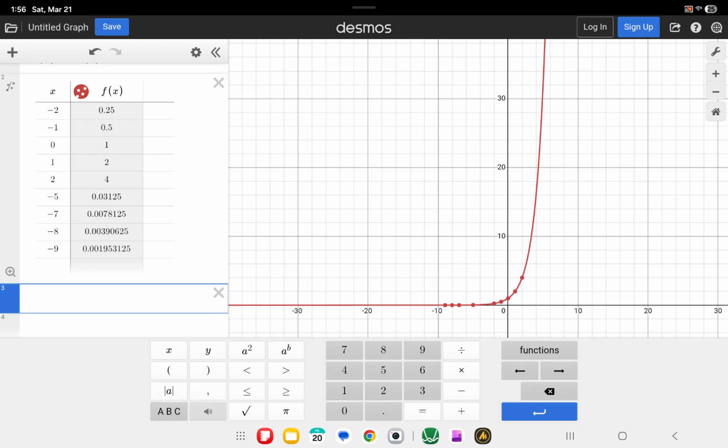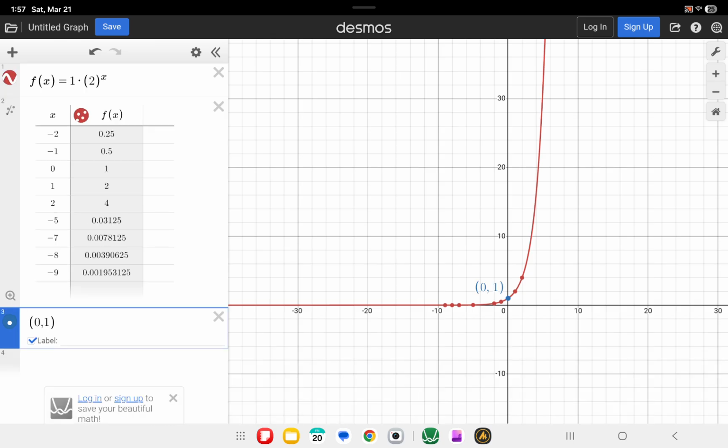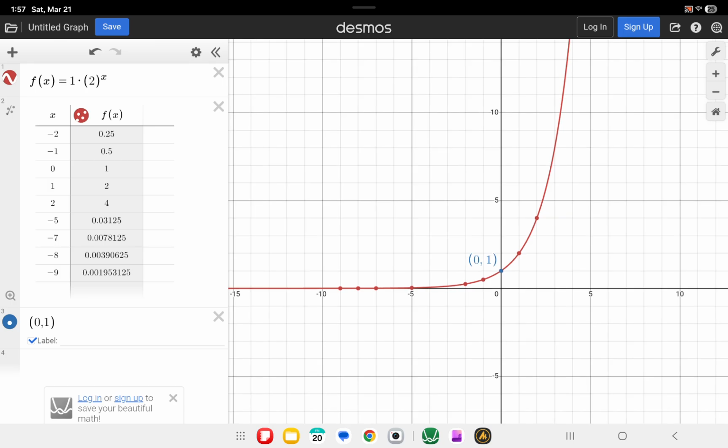And again, we're going to say parentheses, 0, comma, 1, close the parentheses, and yes, I want to put the label on there. So this is what we're looking for. We're looking for that point. We don't want the line. I have people that will put down y equals 1. An intercept is a point. It is not a line. An asymptote is a line, but an intercept is not.